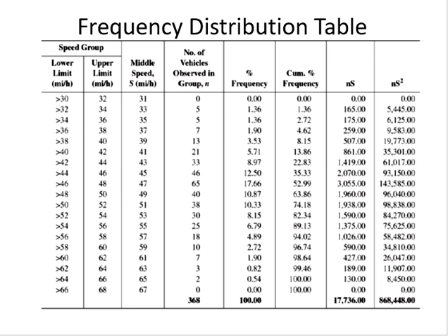The equation requires n times s squared. Do I have it? And the summation is also given. How much is capital N? 368. The only thing remaining is x bar, which was the mean. We calculated it last time, and it was 48.2. So the mean was 48.2. How much will the standard deviation be? Tell me.